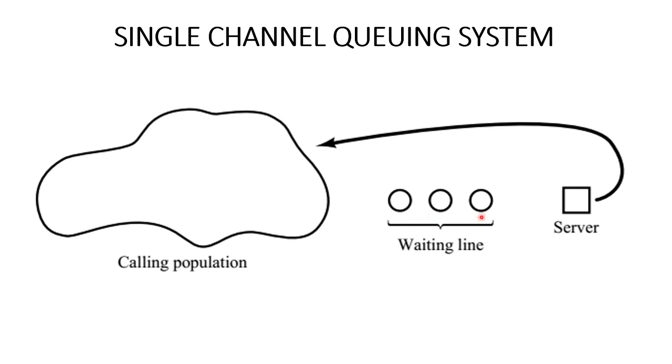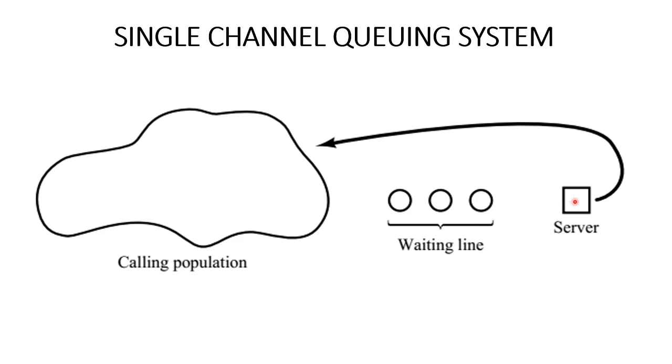So we have the queue in which they will be waiting, and then the time that they will wait for them to be served depends on the customers that are available at the time that they arrive. All right, and then the serving is done by a single server.